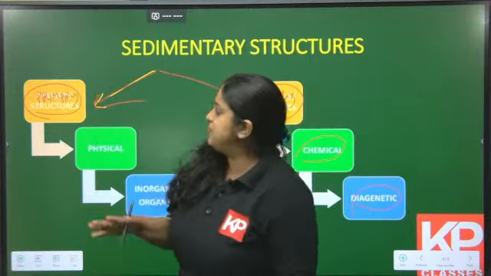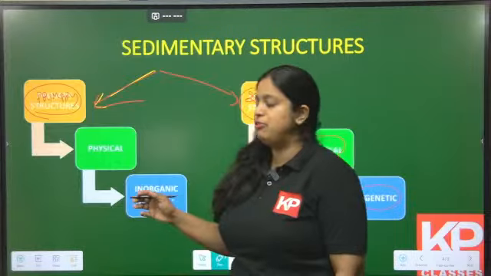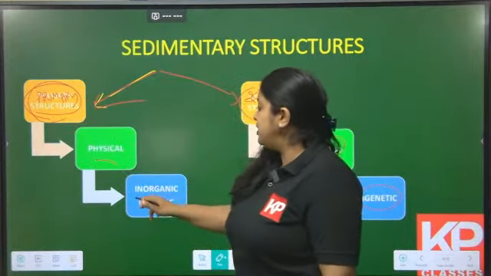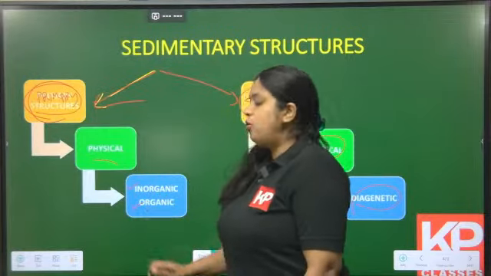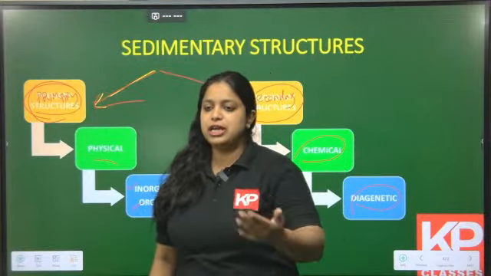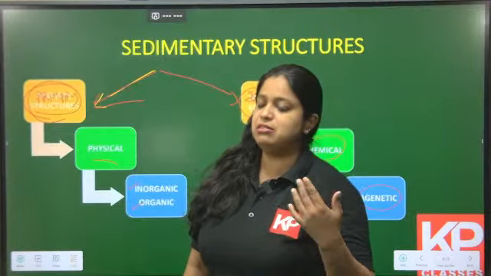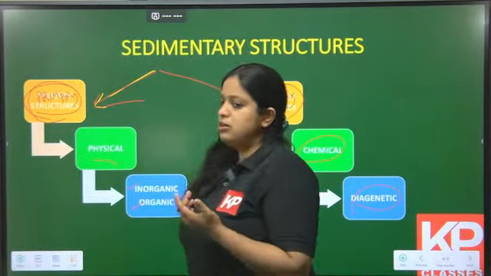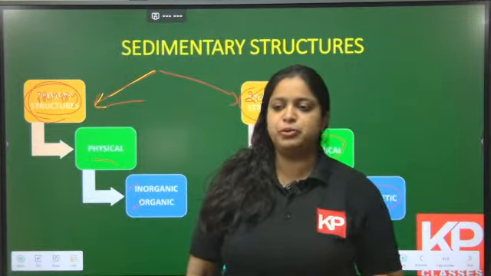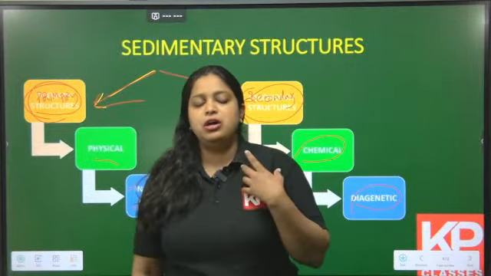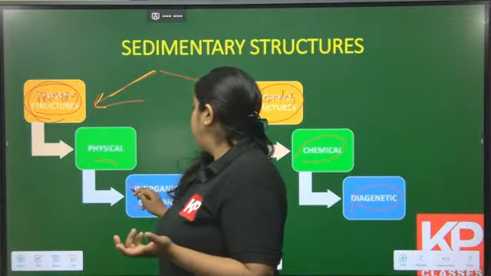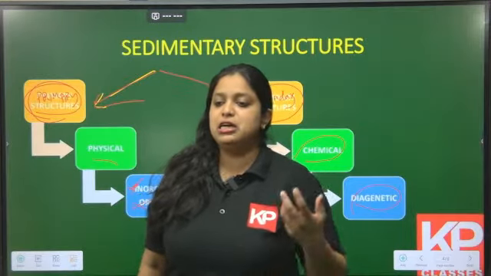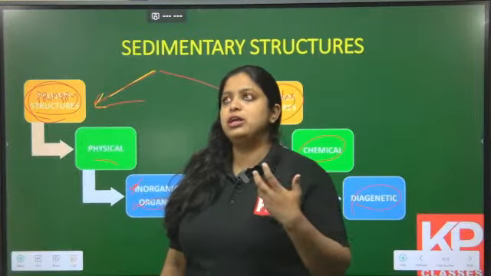When it comes to physical sedimentary structures, or primary sedimentary structures, we can divide them into inorganic and organic sedimentary structures. Inorganic sedimentary structures are the ones like fabric, cross beddings, ripple marks, all of which come under inorganic sedimentary structures. Organic sedimentary structures are the ones formed by burrowing and trails.